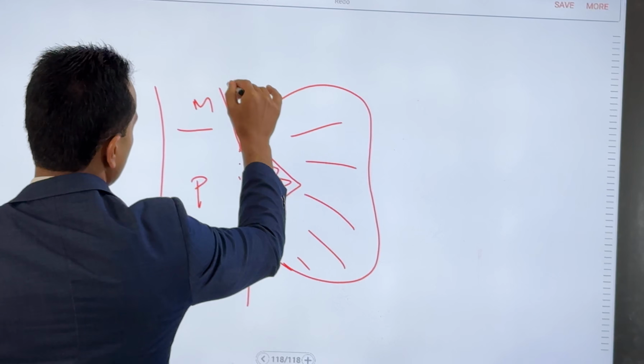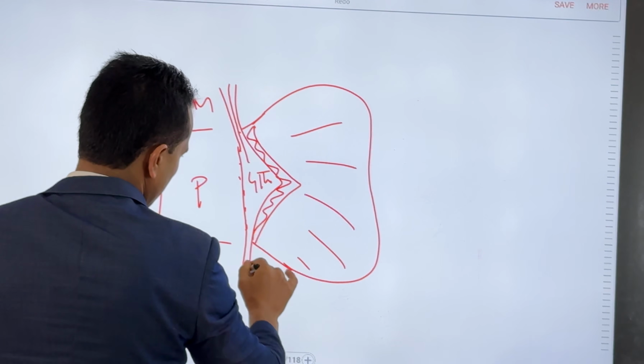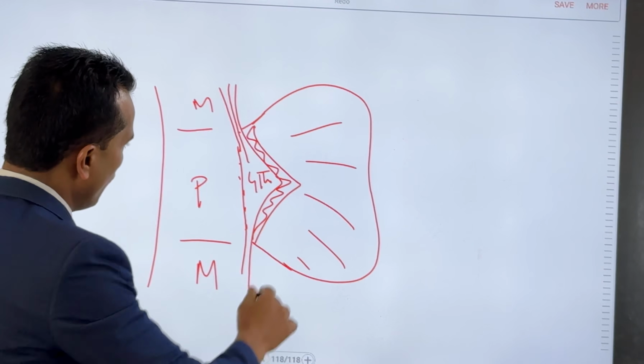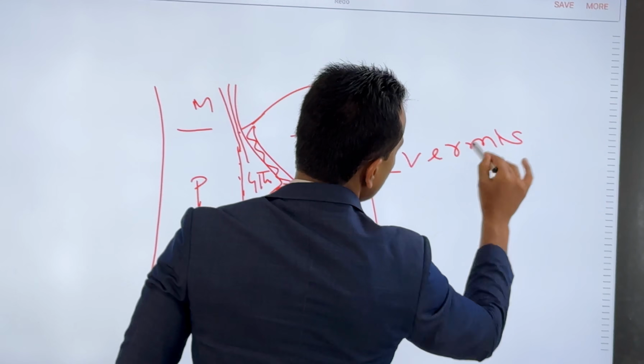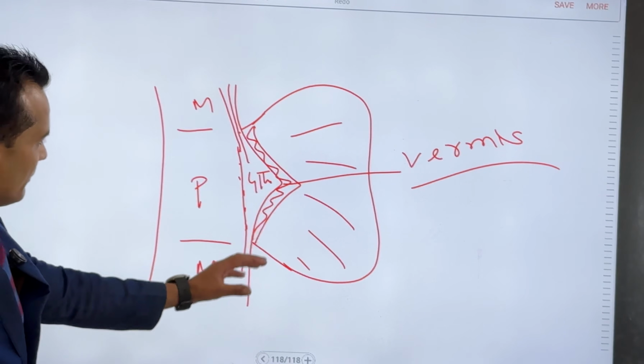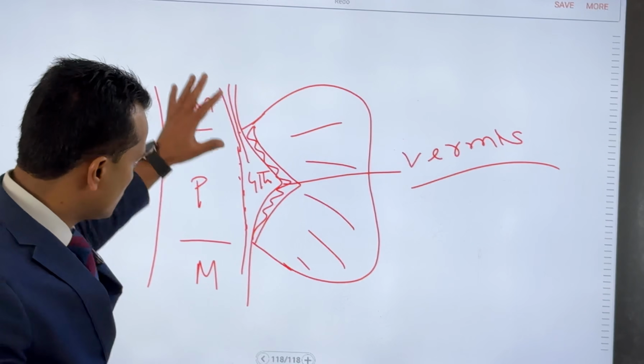CSF is traveling through the aqueduct of Sylvius from the third ventricle to the fourth ventricle. Now if there is absence of the vermis, this is your sagittal view.